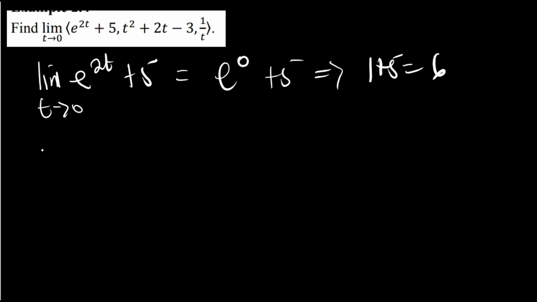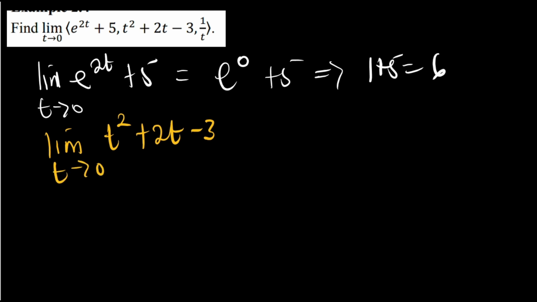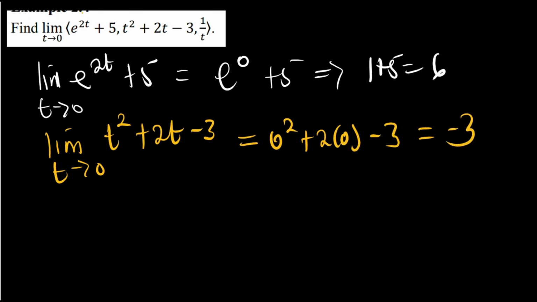Then lim t squared plus 2t minus 3 as t approaches 0 will become 0 squared plus 2 times 0 minus 3, and this will yield negative 3.